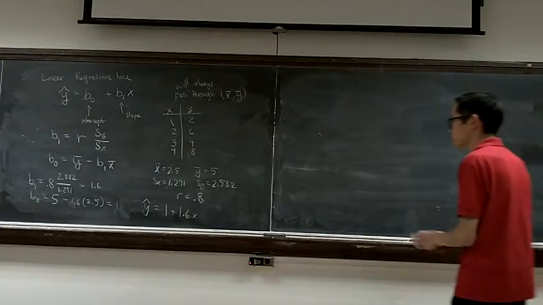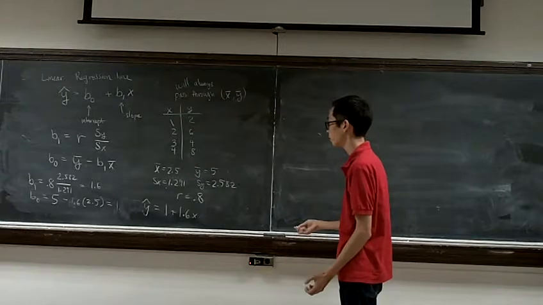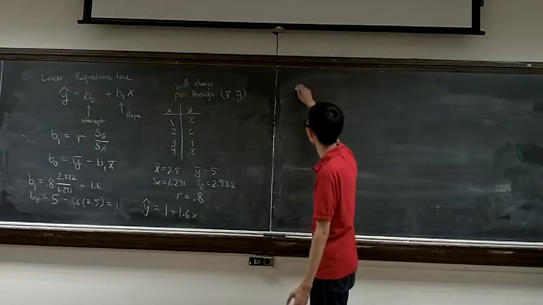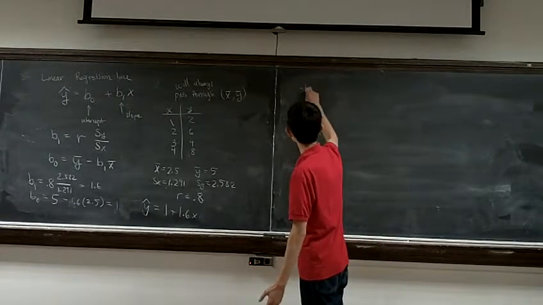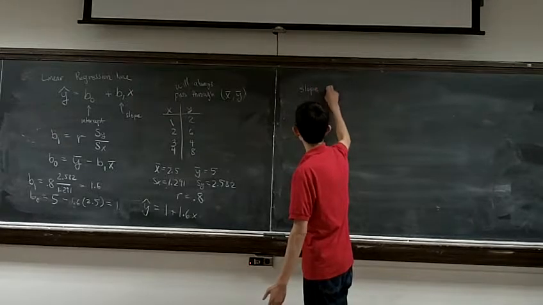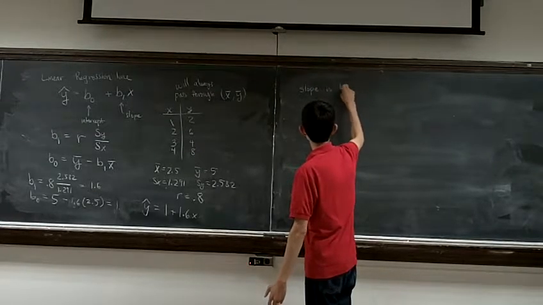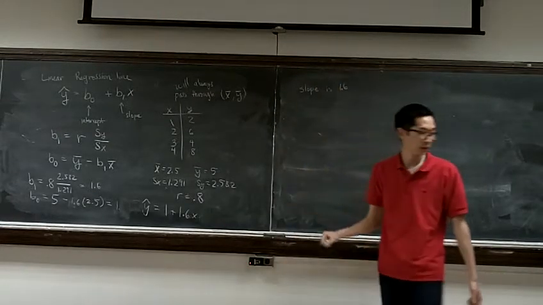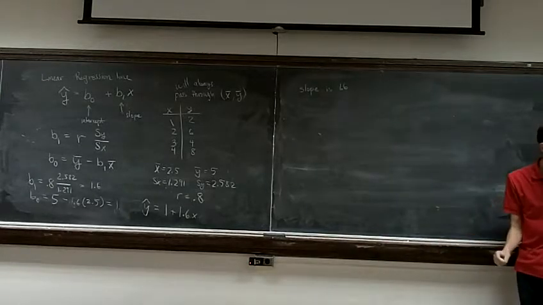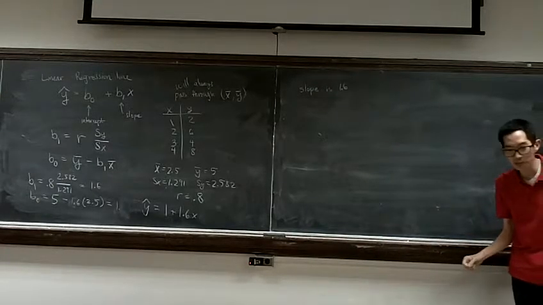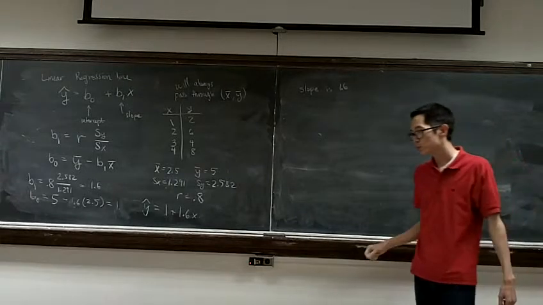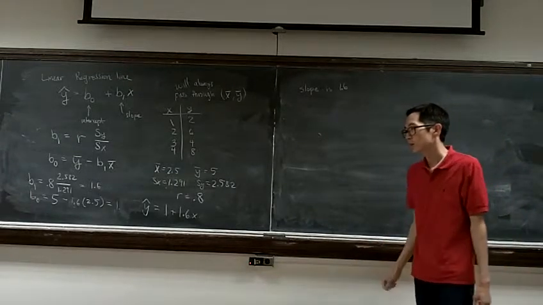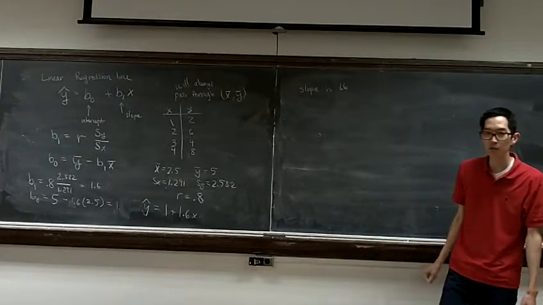Let me just talk a little bit about the interpretation of the slope and the intercept. So over there, my slope is 1.6. In algebra, they teach you the slope is rise over run, which is correct, but not quite so meaningful.